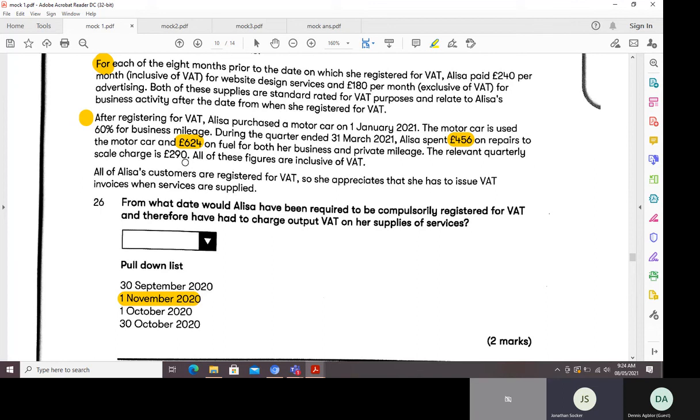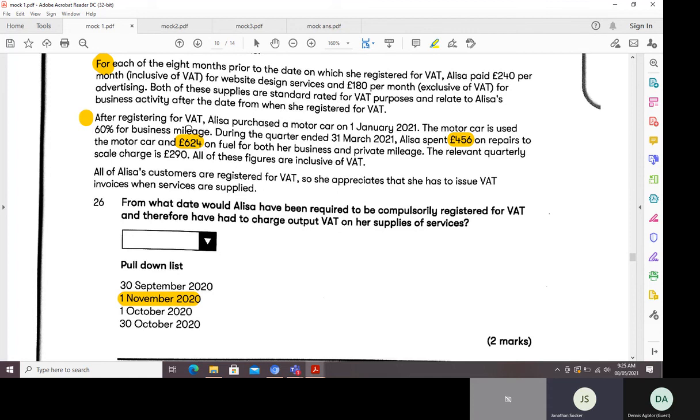But assuming they said, let's say, the net VAT we can claim, then in that case we have to offset input and output on these motor expenses. But since the question specifically stated input VAT, we only focus on the items that will qualify for input VAT with regard to these motor expenses. And when it comes to the input VAT on the motor expenses, you ignore any private use of the car.